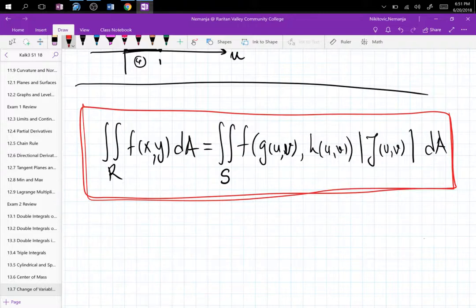This is your integral. Now, it's a little bit busy, but we got this.